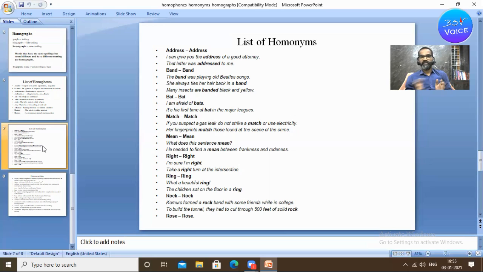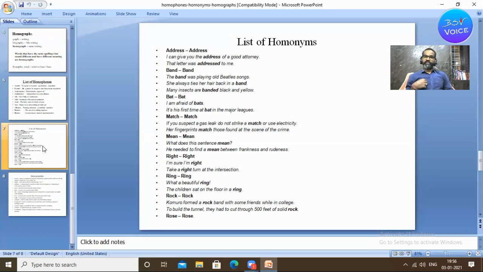We can say right and right. What is right? You do it rightly, righteously. That is right. And the other is right side, the direction. Both are there. The person is going towards the right direction. I am sure I am right.